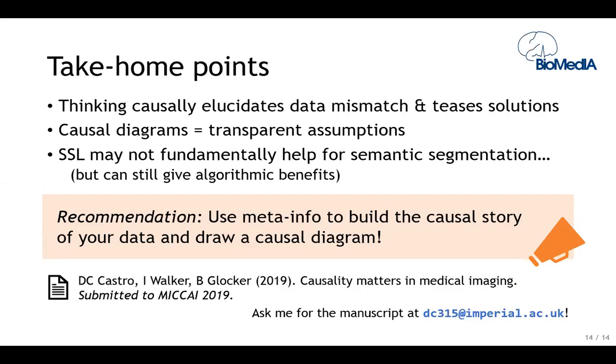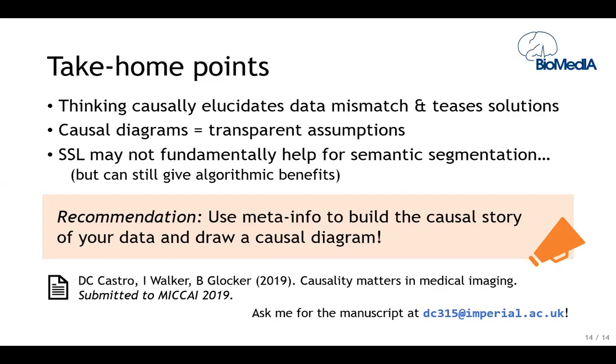And finally, just as I teased before, it's possible that semi-supervision doesn't quite work for semantic segmentation. Some people working on complexity theory actually show that you can get some benefits from semi-supervision in a regime of finite data, like improved convergence rates and so on, but ultimately there may be no fundamental benefits.